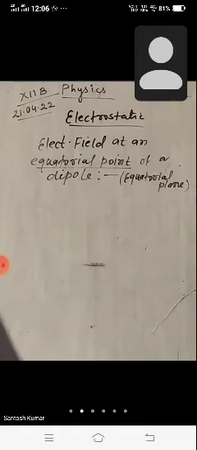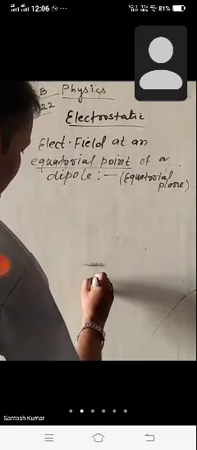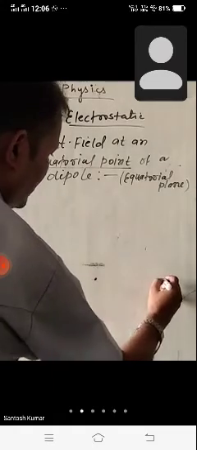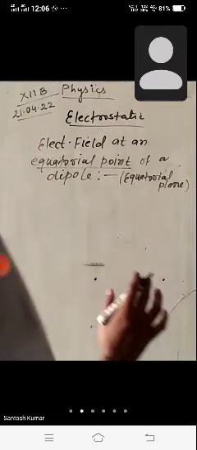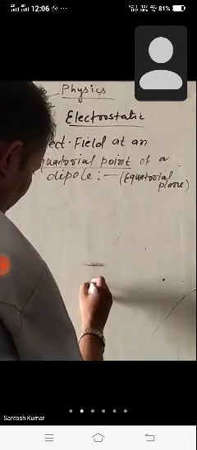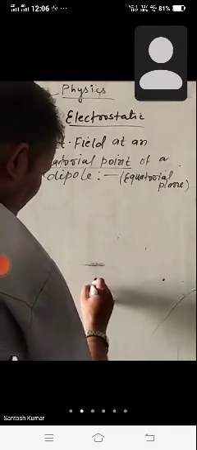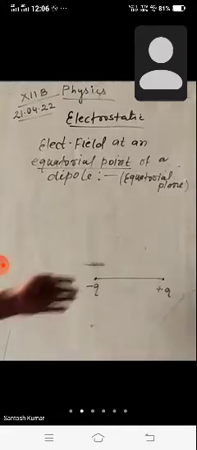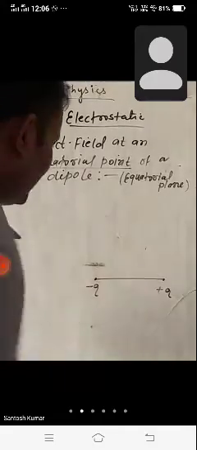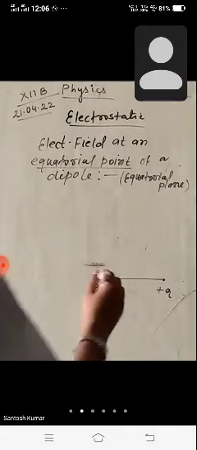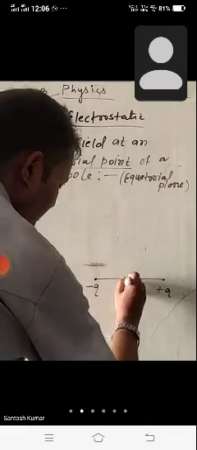So once again, just see. First of all, we have to create the dipole. This is minus q, this is plus q. This time the point is not lying along the axis. Equatorial means simply this is the midpoint, that is O, the origin.